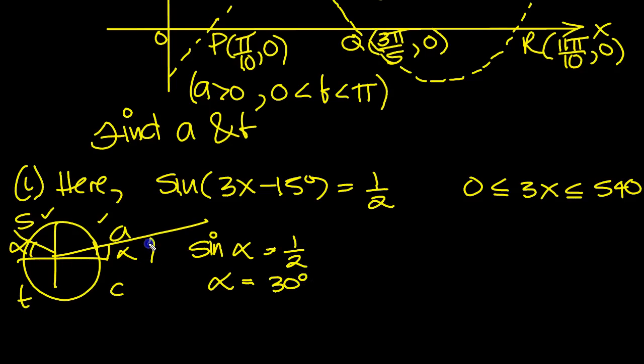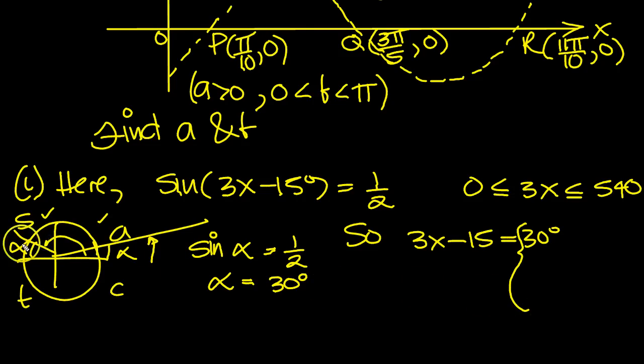So our first solution for the 3x minus 15 is equal to 30. Let's put the solution set down, with a brace here for all the solutions. The next one is around to here, which is 180 minus 30, which is 150.